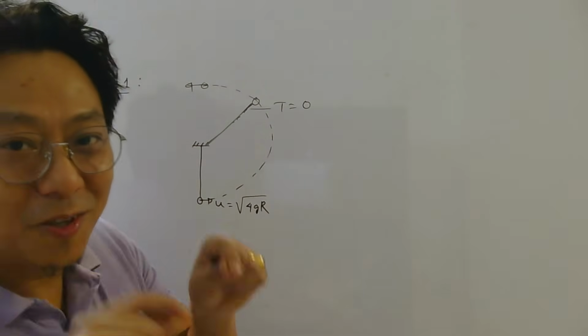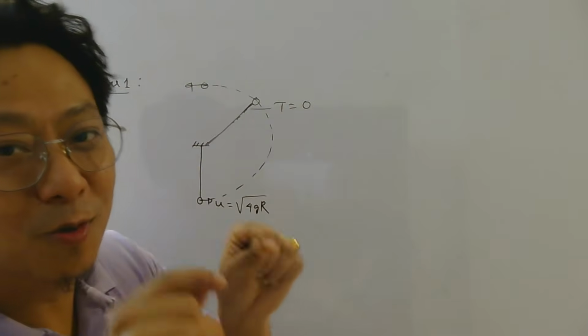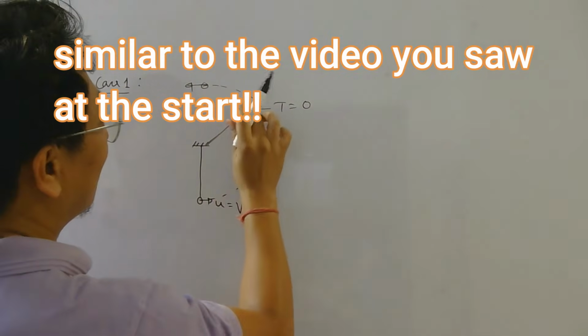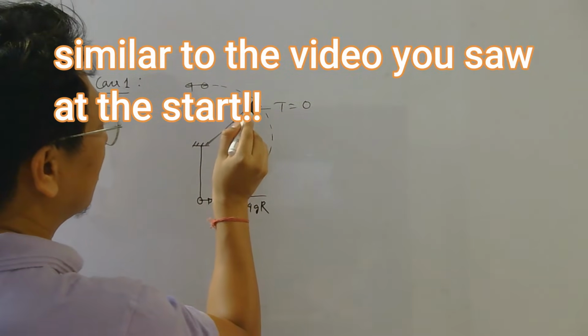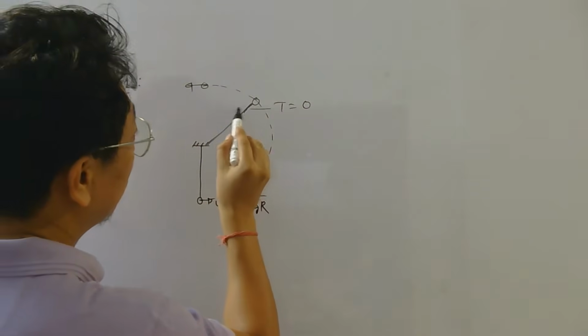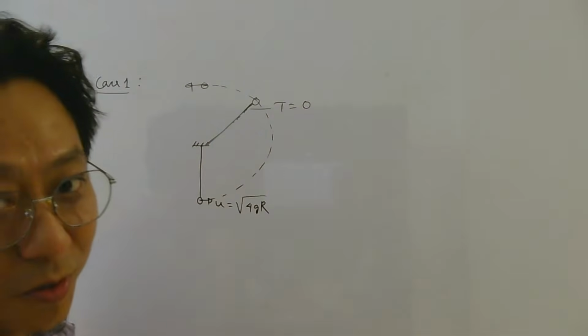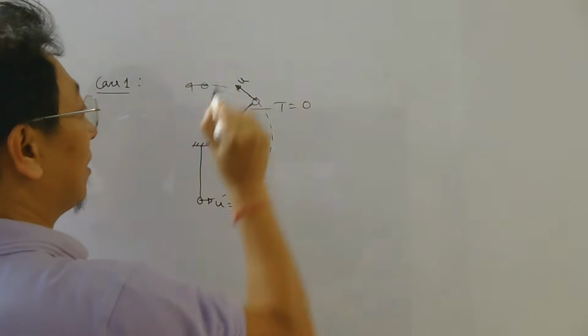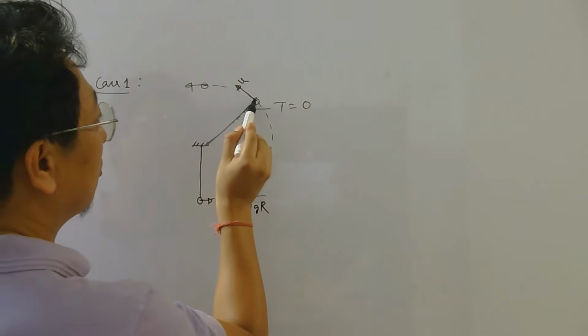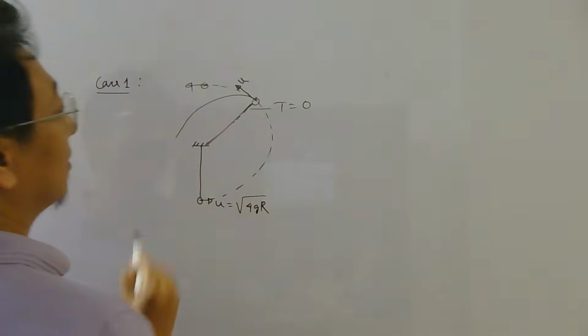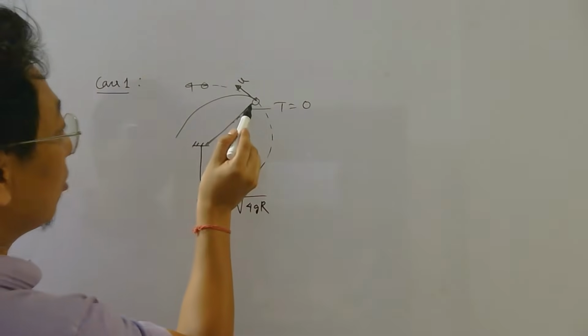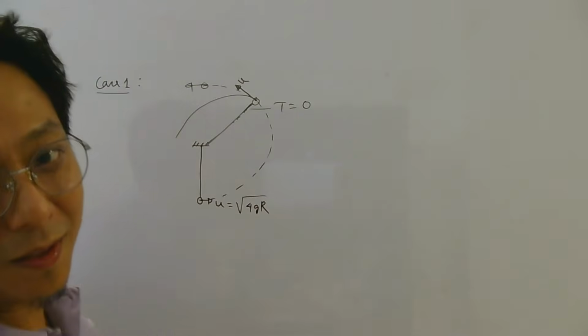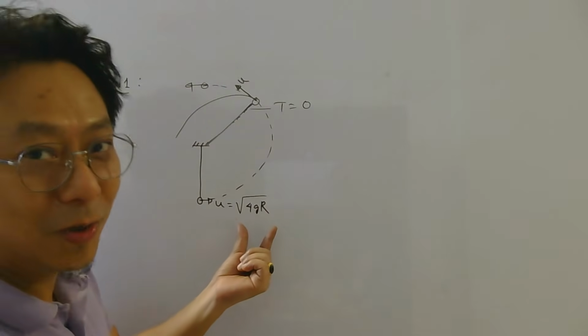And tension becoming zero, in other words, means the string will become loose, and thereafter it will not be able to go in this circle, because now there is no longer tension. So the only force is gravity, and if you have some initial velocity and the only force is gravity, you will follow a parabolic path. So our pendulum will not complete the circle if you give velocity equal to this much.